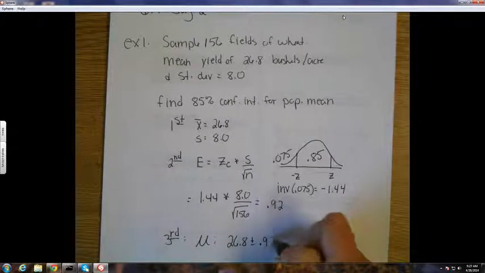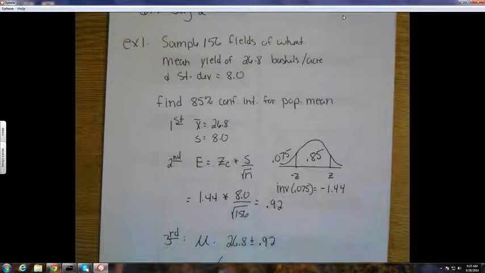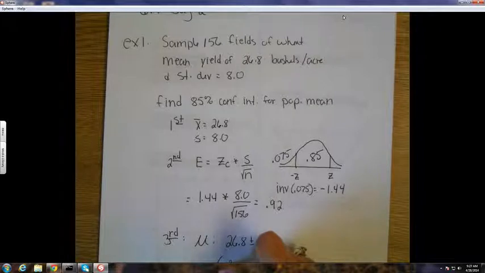Now we actually do that. So I expect the average to be between 25.88 and 27.72. Yep.